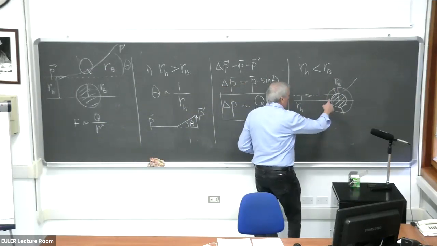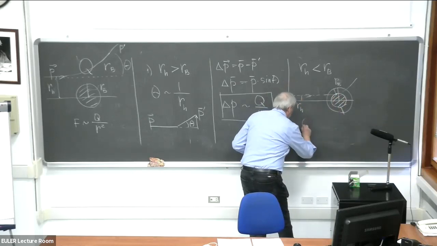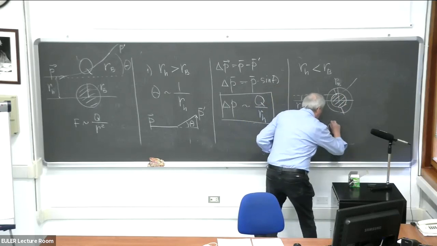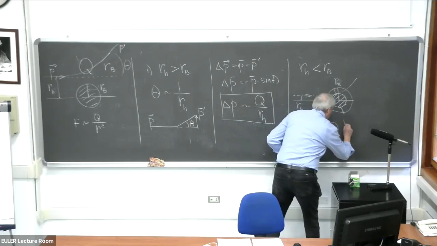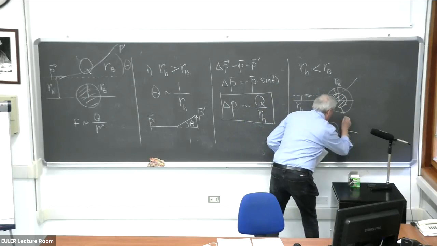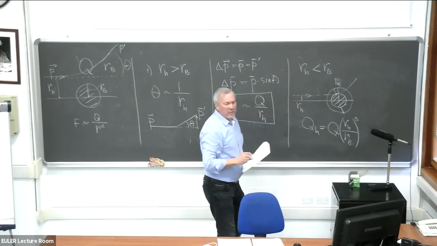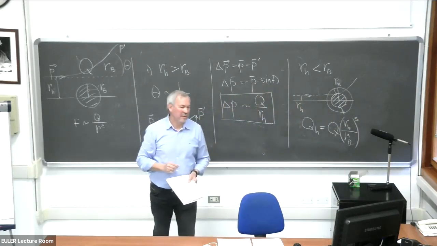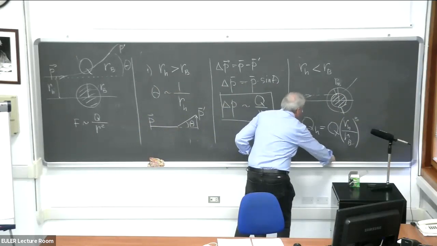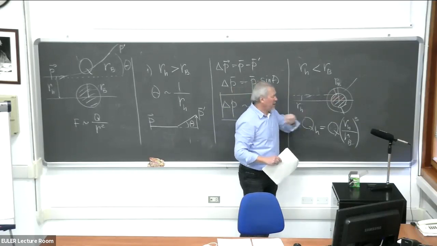So what is this charge inside this smaller sphere? Roughly, it can be estimated as Q_H, the total charge, times R_H over R_B cubed. Here I assume the distribution is uniform for simplicity, just to illustrate the concept. So what happens when the impact parameter becomes smaller than the radius of the scatterer?